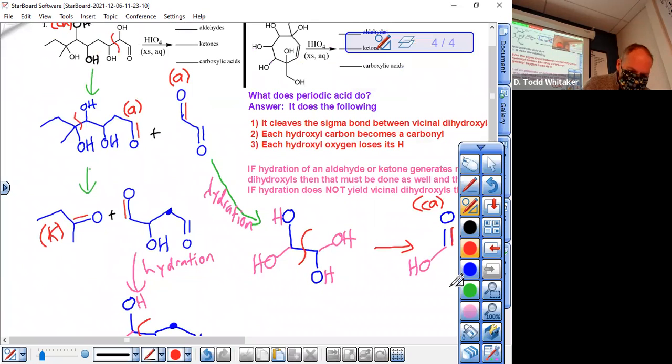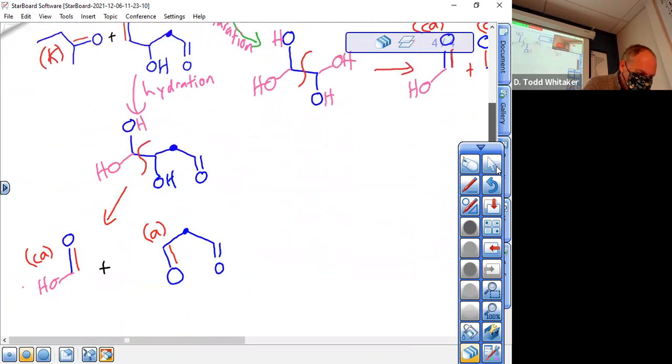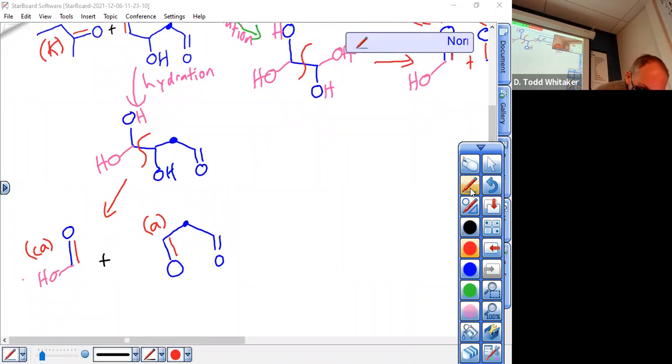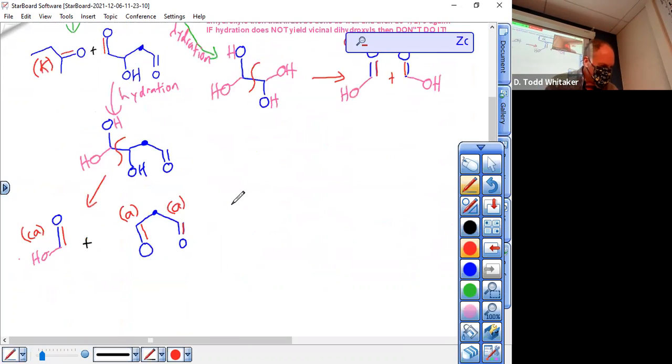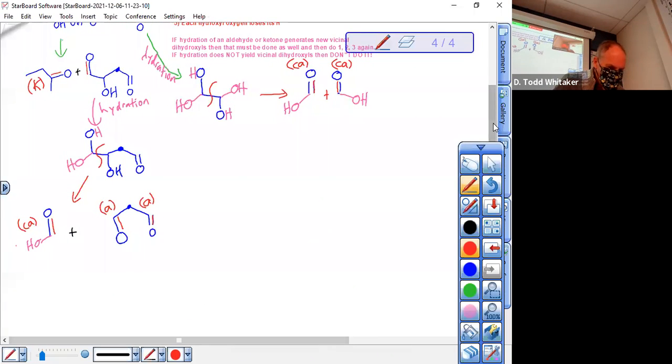I could erase it here and put it back on the end. I think it just looks better. Yeah, that's an aldehyde, and it was a new one, but I don't want to count it twice. Here it is again. That's the same aldehyde. And now we got to look on the whole sheet. Count up our aldehyde.